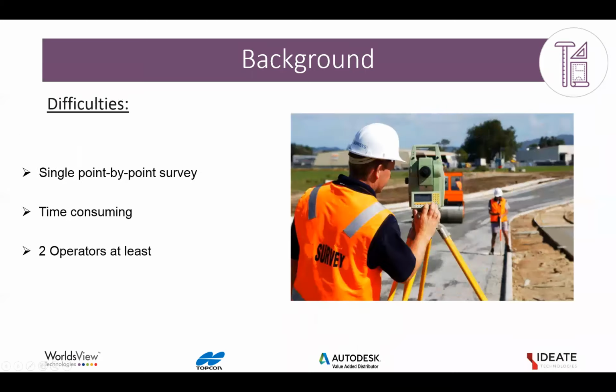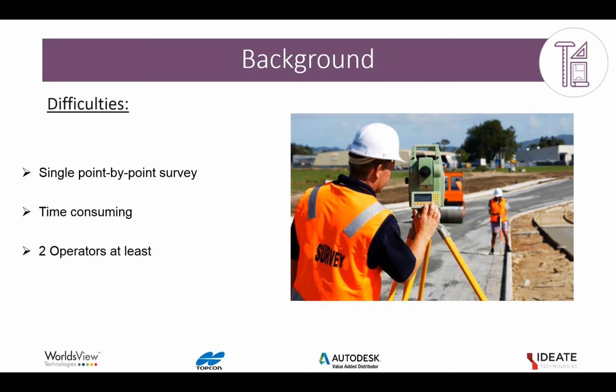So the difficulties that our surveyors are facing right now is that this method requires two operators, at least, as you can see in the picture, one manipulating the total station, one holding the target, and it's only point-by-point surveying.